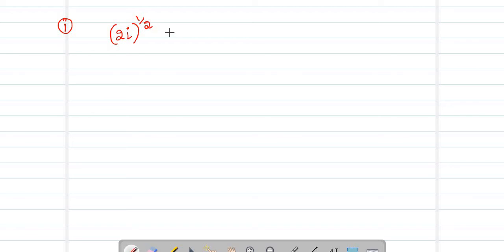Find all possible solutions for this equation. So let's say I want to find all z which satisfies z equal to 2i power 1 by 2.